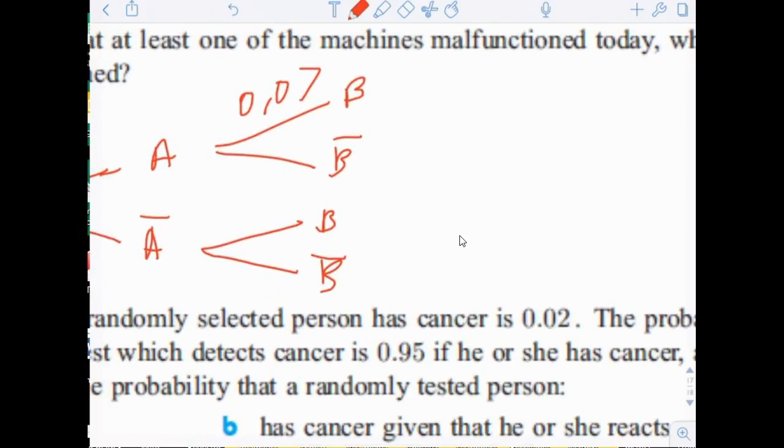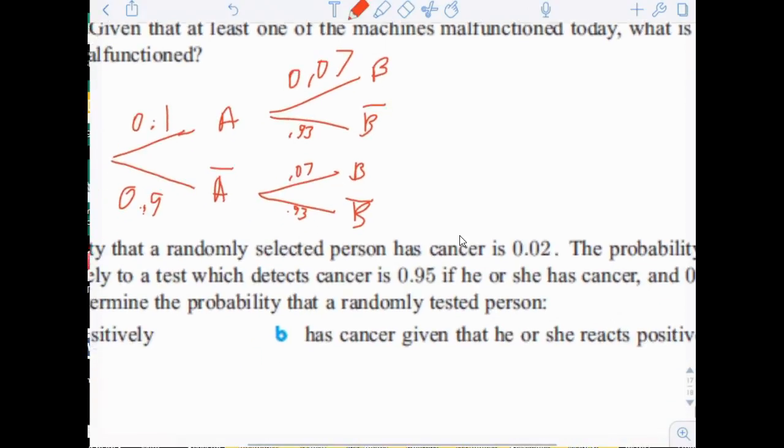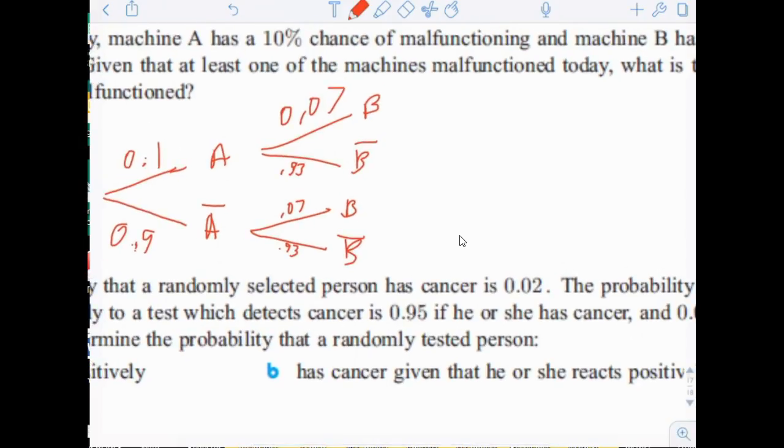Okay. And then we can multiply them together to get the compound events. So the probability of A breaking and B breaking would be 0.1 times 0.07, which would be 0.007. The probability of B not breaking and A breaking would be 0.1 times 0.93, which would be 0.093.